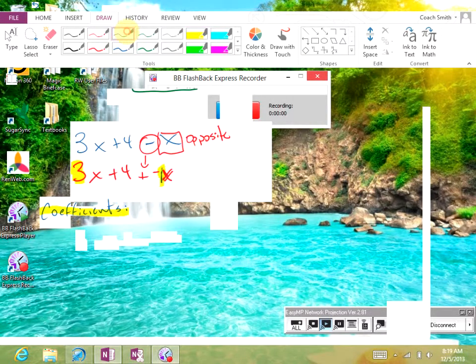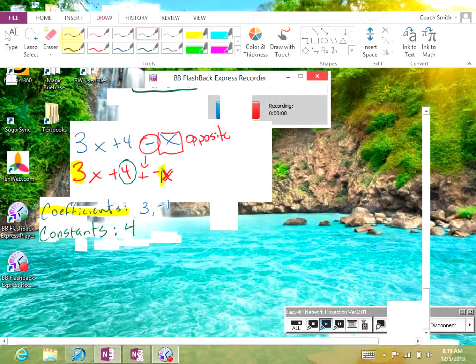So the coefficients in this problem are 3 and negative 1. Now, the constants in the problem is the number that's by itself, which is 4. So the constant, basically, because there's only one of them, is 4.